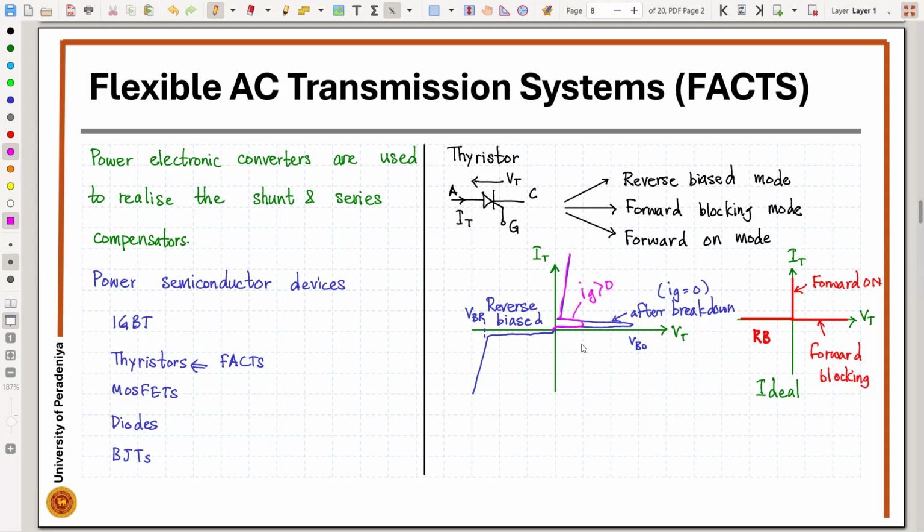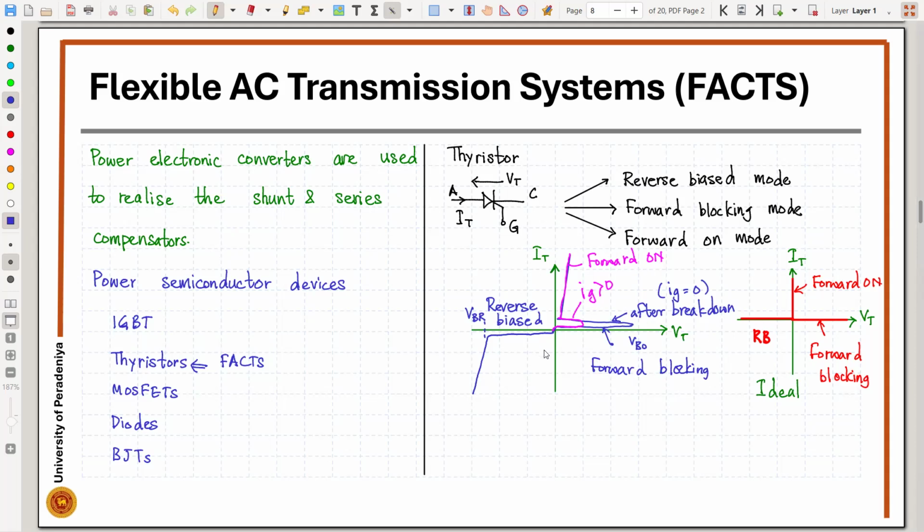When it is in the forward blocking mode, we are going to give a current signal pulse to the gate. That will trigger this device to move into the on state, and it will follow this characteristic curve. So this is forward on mode, and this is forward blocking mode. So we have the forward blocking mode and forward on mode.